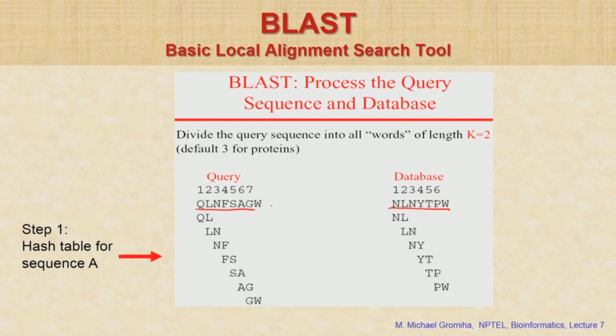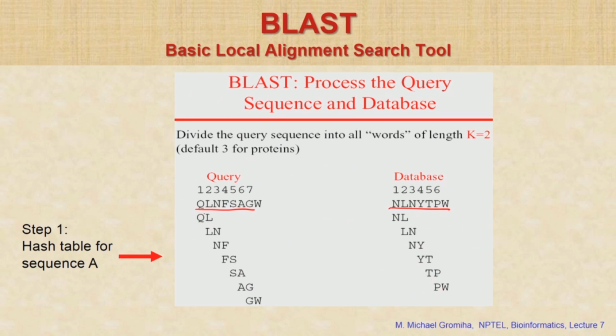Now you have the query sequence Q, L, N, F, S, A, G, W. We compare this with the database N, L, N, Y, T, P, W. If you take a word length of 2, how to divide this query sequence? QL, LN, NF, FS, SA, AG and GW. So, we make overlapping segments. Then go to the database, here also you make overlapping segments: NL, LN, NY, YT, TP and PW.